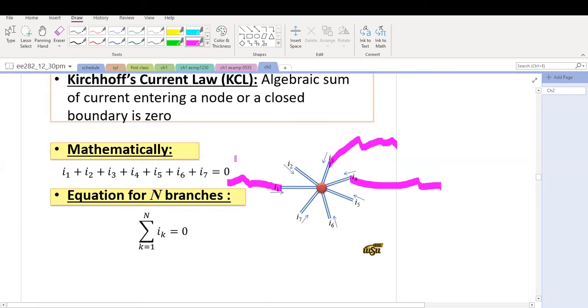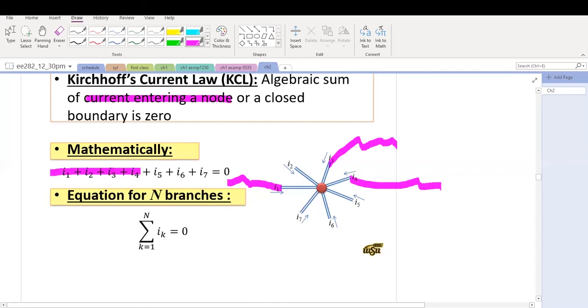When we talk about current flowing into or entering a node, by default we already talk about the current directions. Remember, when we talk about currents, there are two factors: one is direction, the other is value. So when we talk about KCL, these two factors have to be defined clearly.